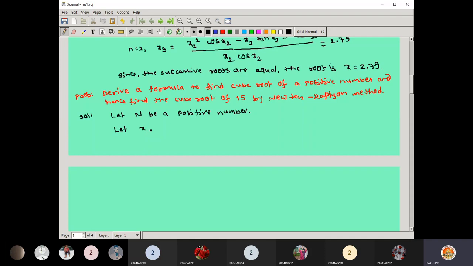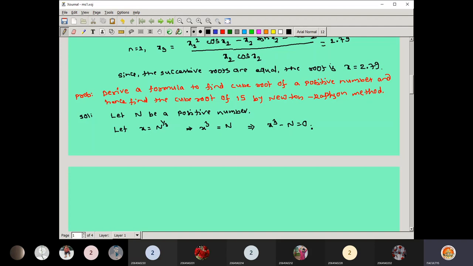So I am defining x as a variable that takes the cube root of the positive number. Cube root means for that number you are taking power 1 by 3. In order to avoid 1 by 3, I am cubing on both sides, x cube equal to N. So this is x cube minus N equal to 0.